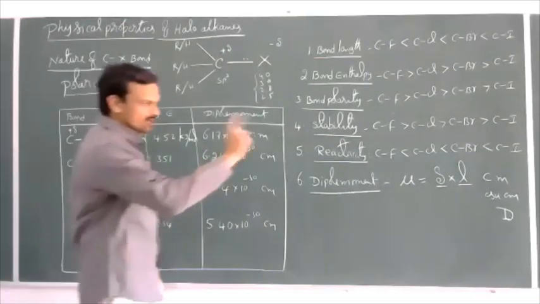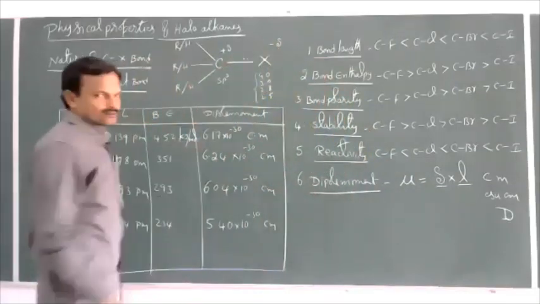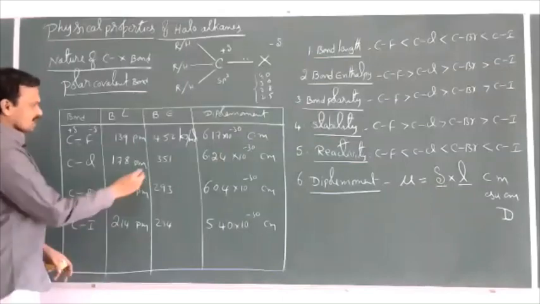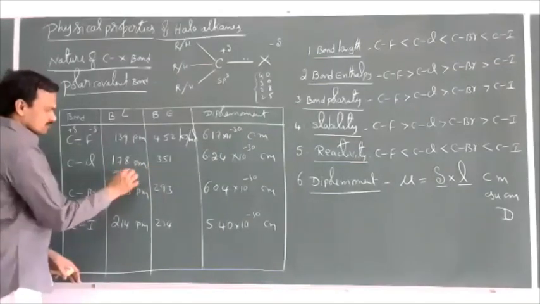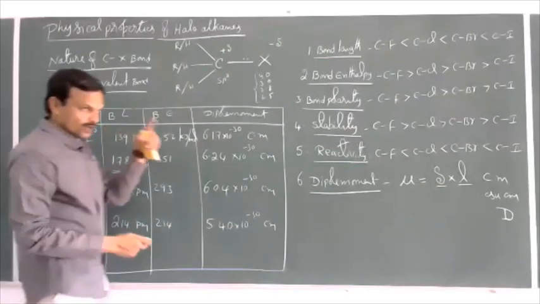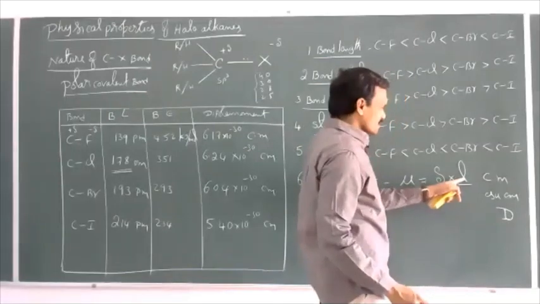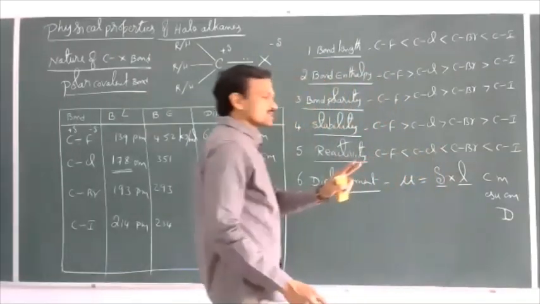Based on charge, our expected order is C-F greater than C-Cl greater than C-Br greater than C-I. But the bond length of C-Cl is more compared to the C-F bond, so the product of the magnitude of charge and the distance is more for the C-Cl bond, not for C-F.